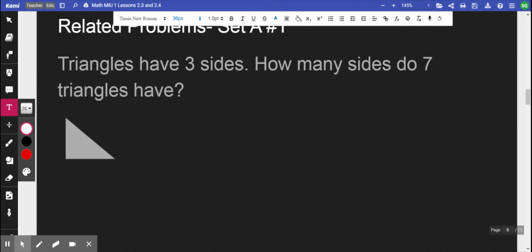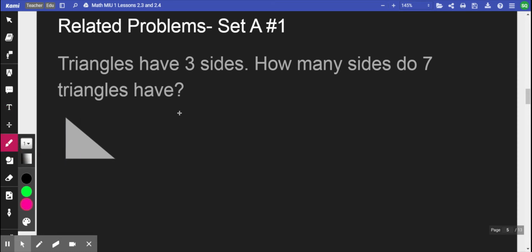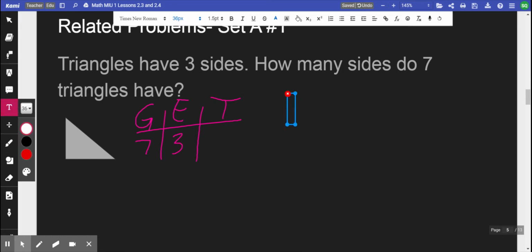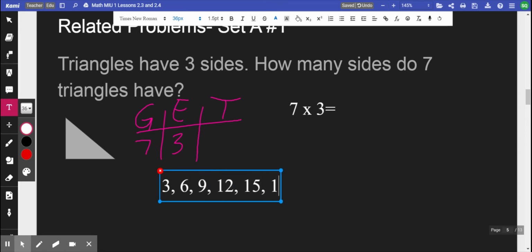Let's try this one. Triangles have 3 sides. How many sides do 7 triangles have? So I can count by 3s. I can use my chart as well. So I have 3 in each group, and I have 7. So that can help me write my multiplication problem. 7 times 3 equals, I don't know yet, but I can count by 3s. 3, 6, 9, 12, 15, 18, 21.